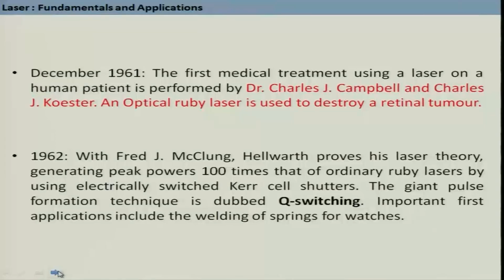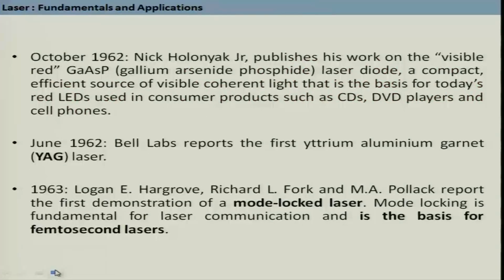Then several other techniques came into the picture, for example Q switching, which we will learn about, and mode locking. These techniques did become available. People were working hard to develop better lasers, different types of lasers.